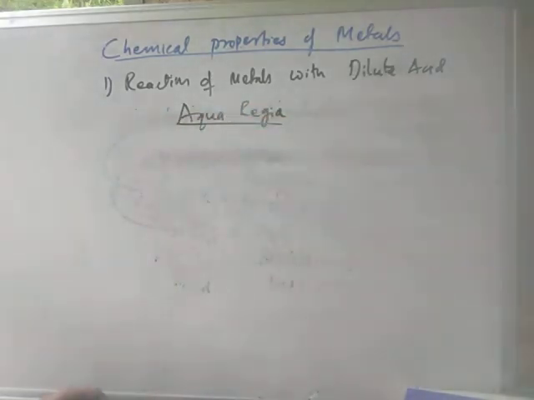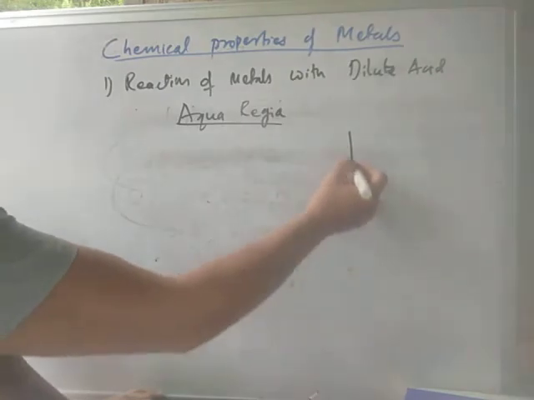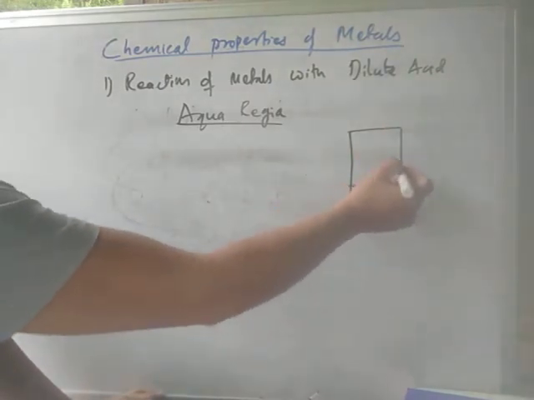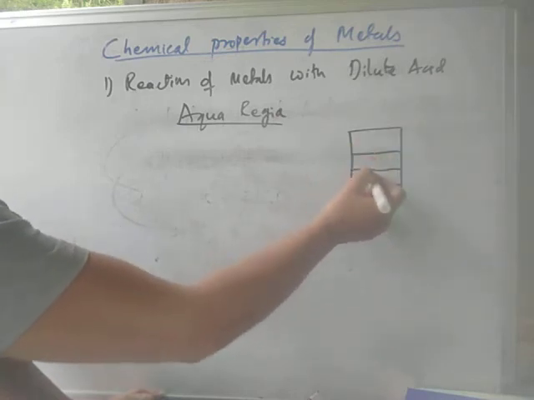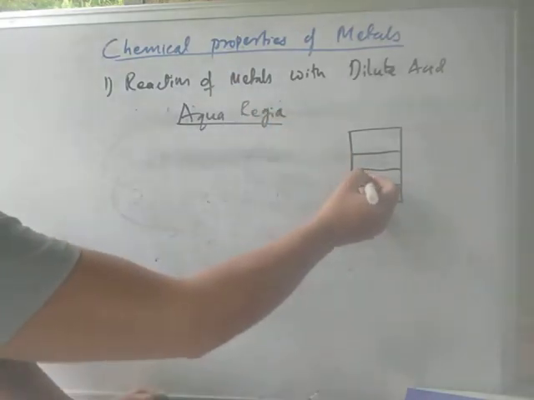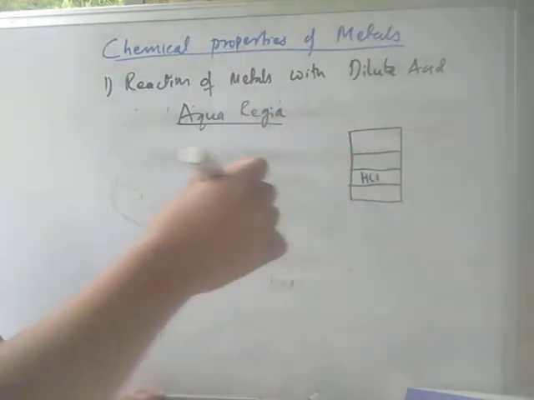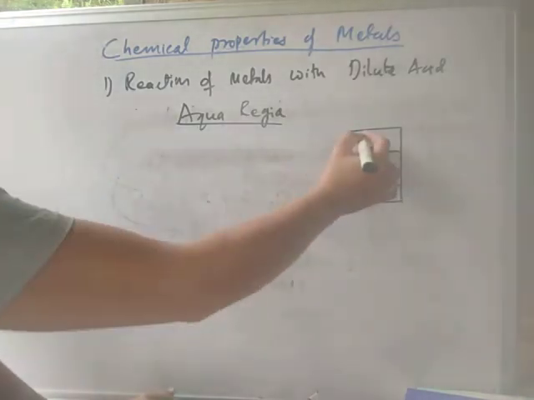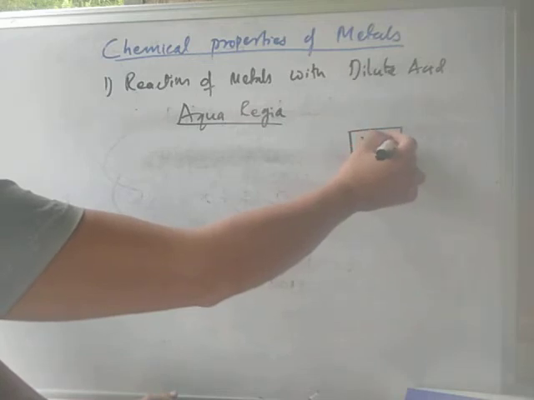Aqua regia is a freshly prepared mixture of 1 part concentrated nitric acid and 3 parts concentrated hydrochloric acid. 3 parts is hydrochloric acid, concentrated, and 1 part is nitric acid, HNO3.